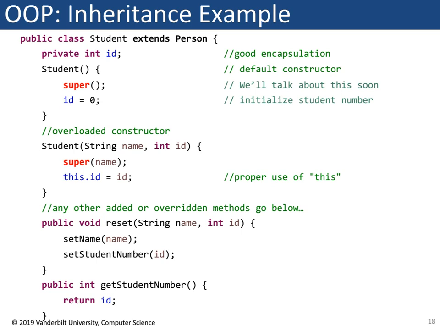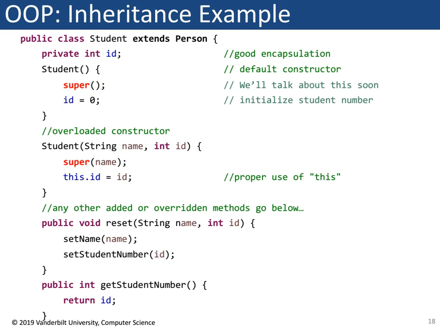This is why we call it extending Person, right? We've added to the concept of a person object, and we've added a student ID as well as other methods. So now we've extended the idea of a person object to be the idea of a student object. Then we have our Student constructor, which is going to use the keyword super, which we'll talk about soon.